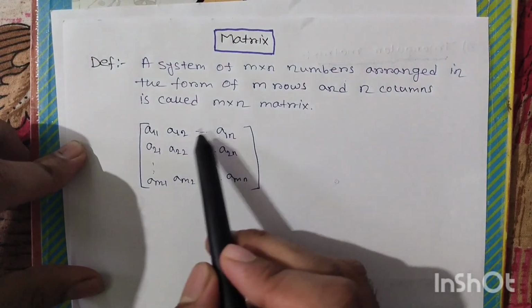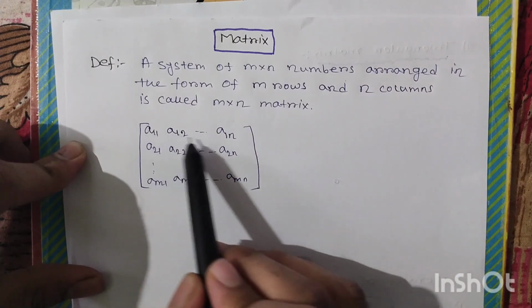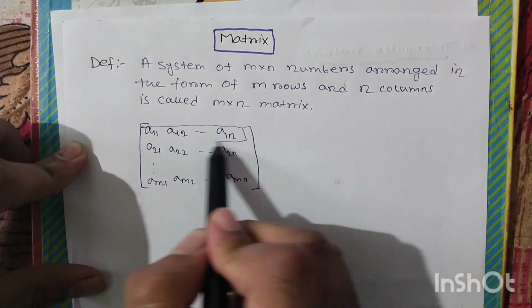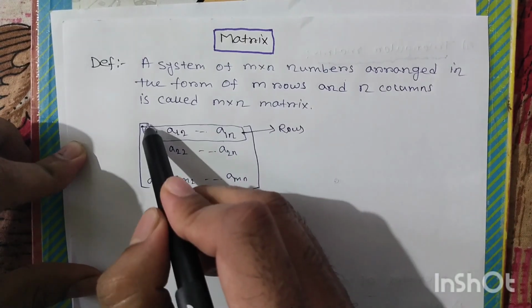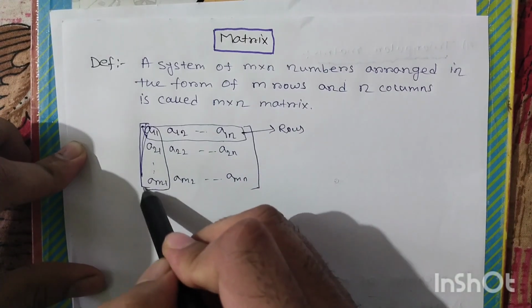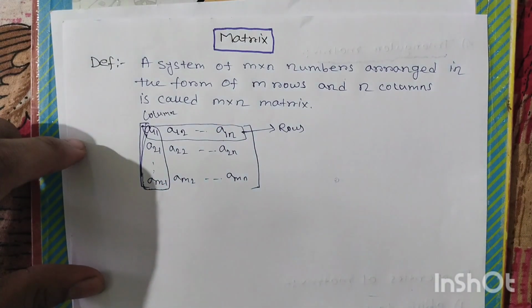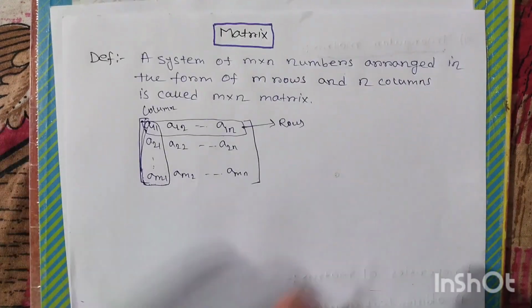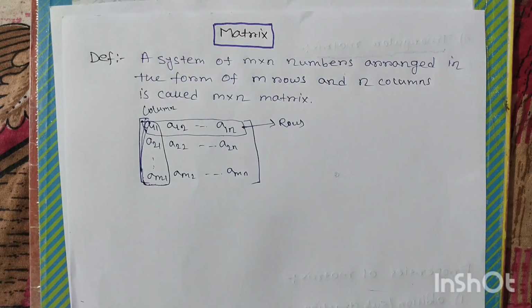Observe that we arrange those elements in the format of rows. This is called rows, and these elements are called columns. So the arrangement of elements is called a matrix if the arrangement is in this format.